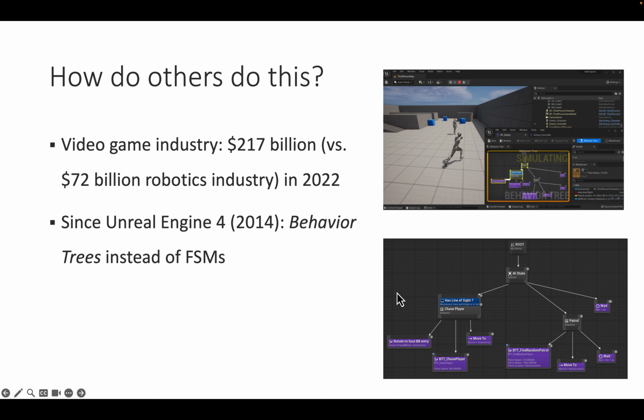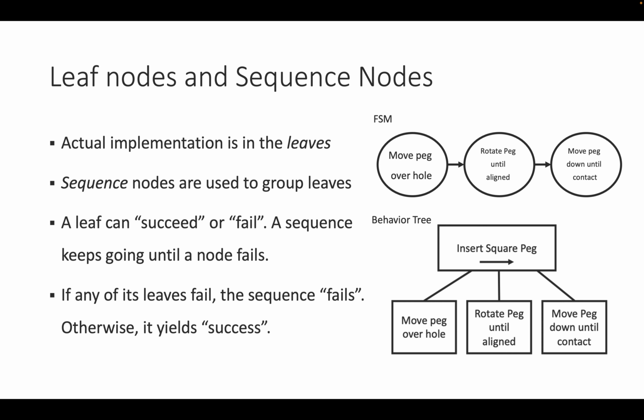And now it says rotate to face BB entry, and BB is the blackboard that we've just been talking about. And this blackboard is populated in some other behavior tree that is not shown here, where probably down here in the patrolling actually, when you see the adversary or the player in this case, you update the blackboard, and then the other agents can use that and run toward it.